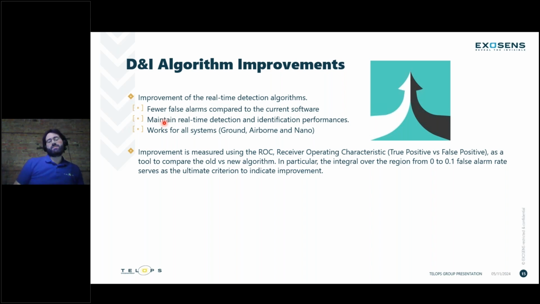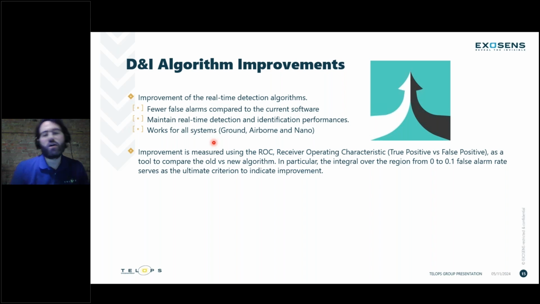And the key aspect was that this had to work on all systems. So the ground, airborne, and nano systems that I mentioned, that algorithm had to be possible to implement on all of those systems. The key improvement factor that's measured is using the ROC curves. There's a few slides that Martin will go over.